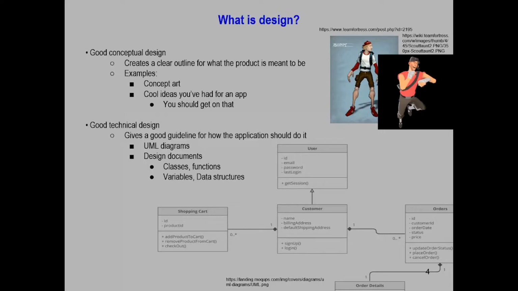Good examples of technical design would be UML diagrams and design documents, which basically break down what the classes and functions are for each variable, data structure, and object. And what the UML diagram does is it very handily shows and lets people know what inherits from what, takes properties from what, and what can access the variables of what.